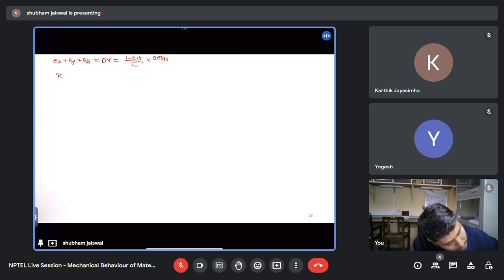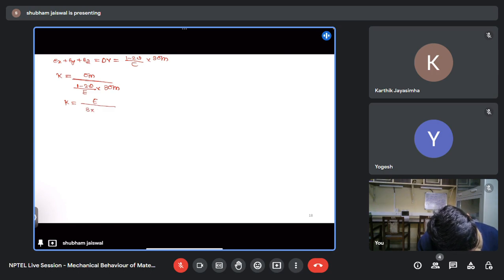Now if I put this value, that is sigma m, the hydrostatic pressure, divided by 1 minus 2 mu by E into 3 sigma m, the K comes out to be E upon 3 into 1 minus 2 mu. So this is one relation we got.